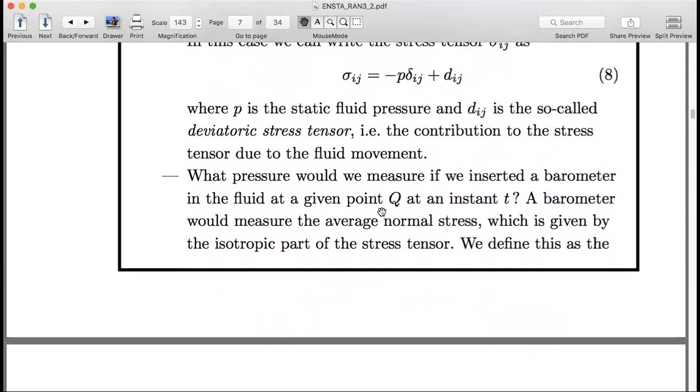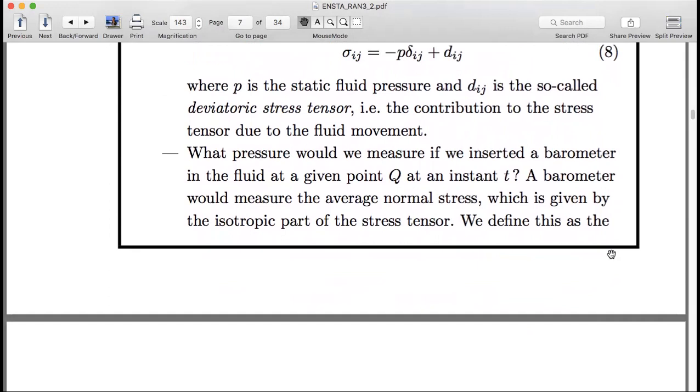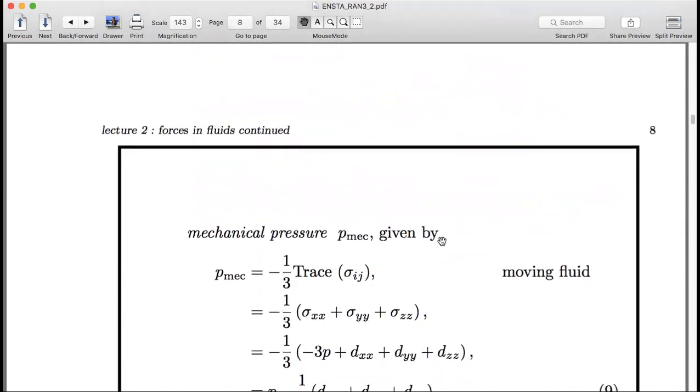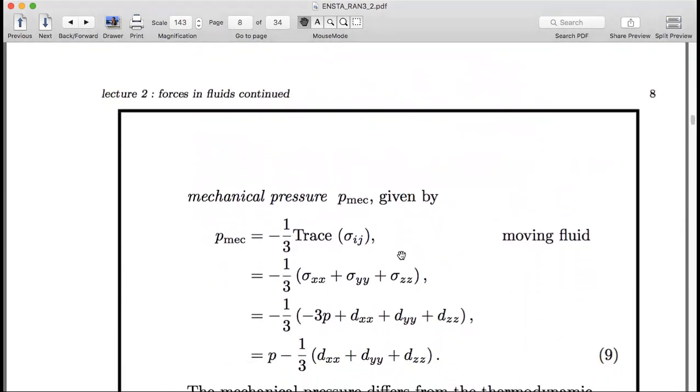What would we measure if we just stuck a pressure gauge in the fluid at some point, say Q, at some instant in time? Well, you would measure the average normal stress, which is given by the isotropic part of the stress tensor, which, if the fluid is moving, is not necessarily the thermodynamic pressure.